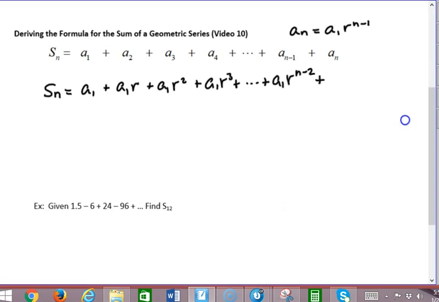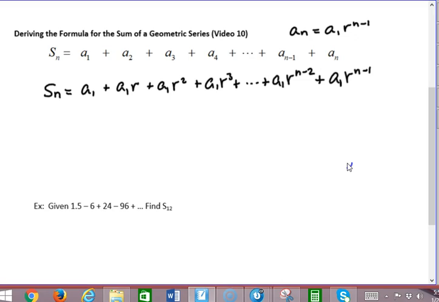And then to get to a sub n, it would just be a sub 1 times r to the n minus 1. So specifically for a geometric sequence, this would be what it looks like to add up the terms from 1 to n. Now, there isn't any really efficient way to write this in a compact way without doing a little bit of algebraic manipulation.